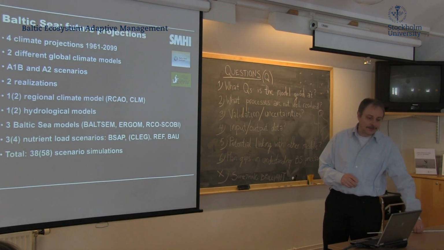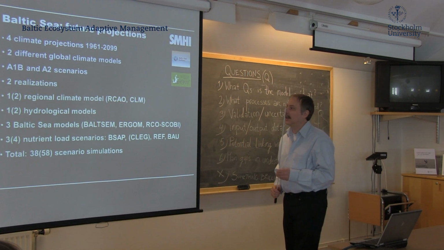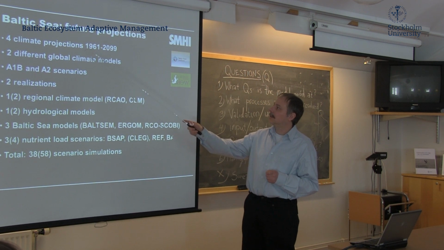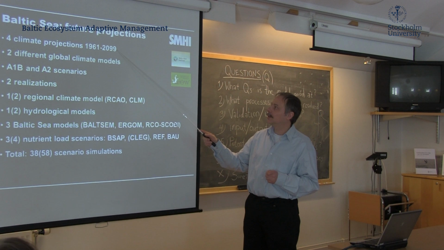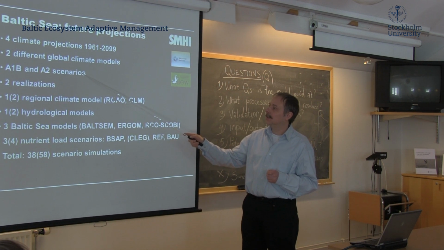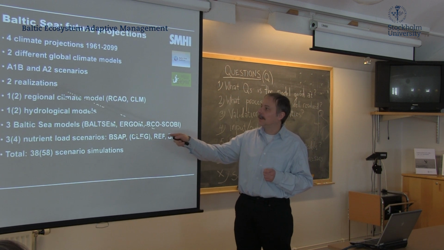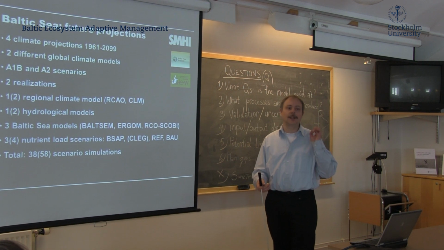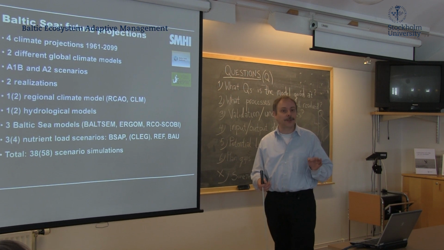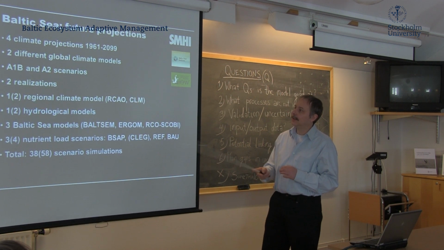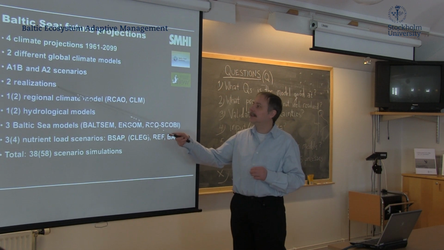So what we have done is we investigated a lot of models and a lot of different scenarios. Four climate projections for the period 1961 to 2100: two different global models, two different emission scenarios for greenhouse gases, and two different realizations of the climate behavior with the same model, where just the initial conditions are perturbed, so that we can make some estimates of the natural variability in these runs.